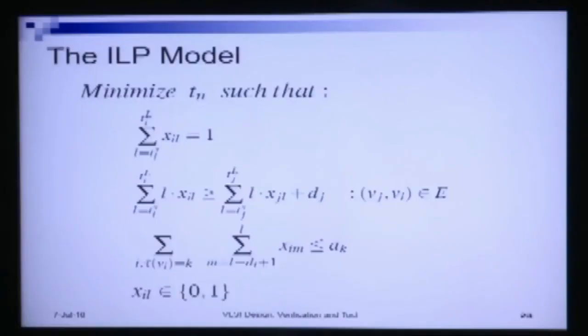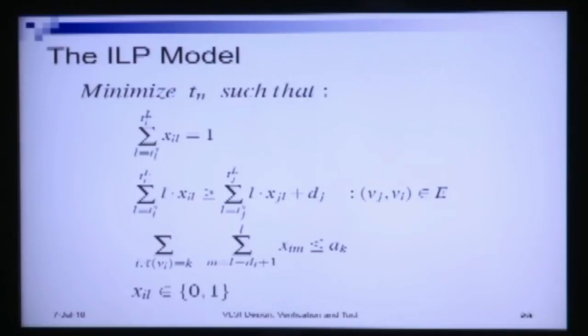Now, the formulation will first have an objective. Here we have put the objective as to minimize Tn, that is the start time of the sink node or the nth operation. If we minimize the start time of the sink operation, that means we are basically minimizing the length of the schedule.